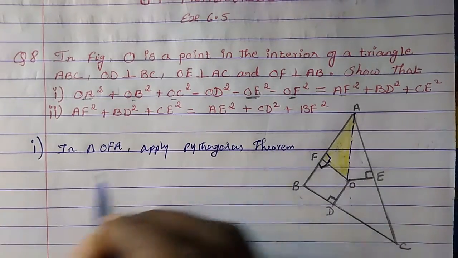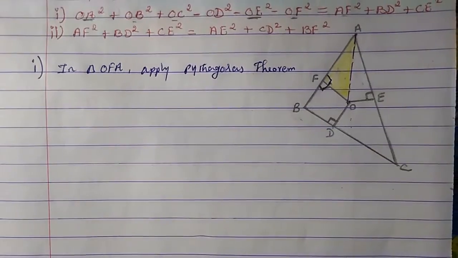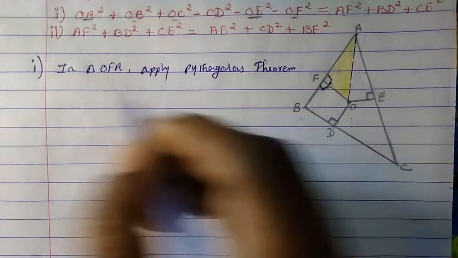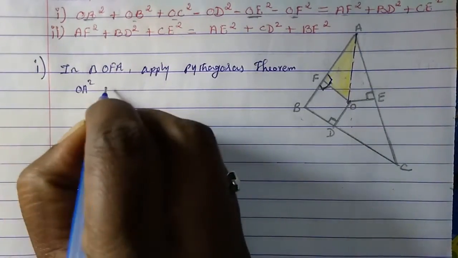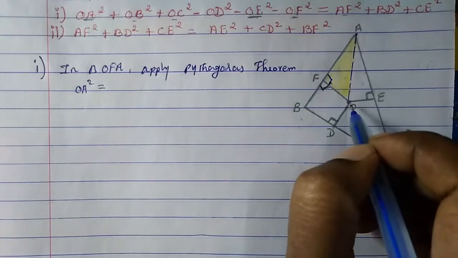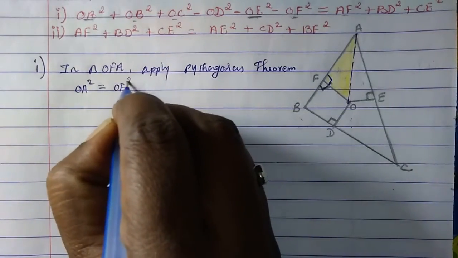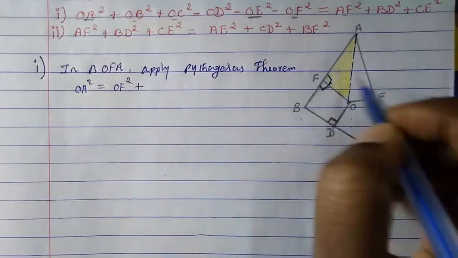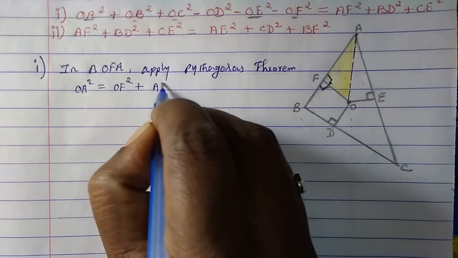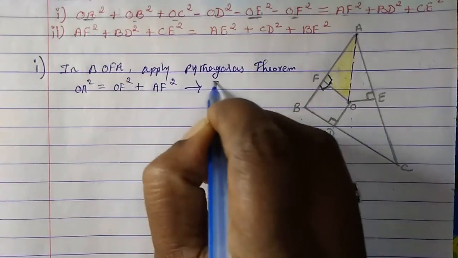Then what we get? The hypotenuse OA square is equal to OF square plus AF square. Let's consider this as equation 1.